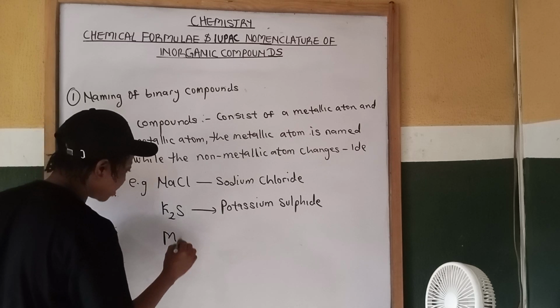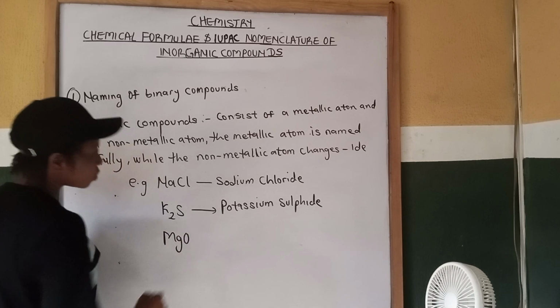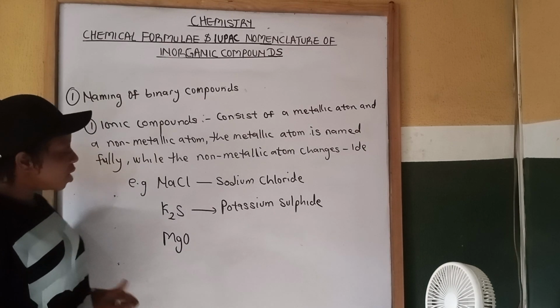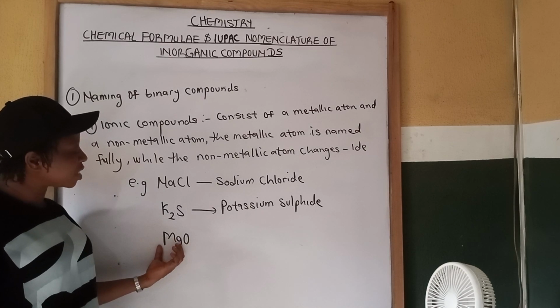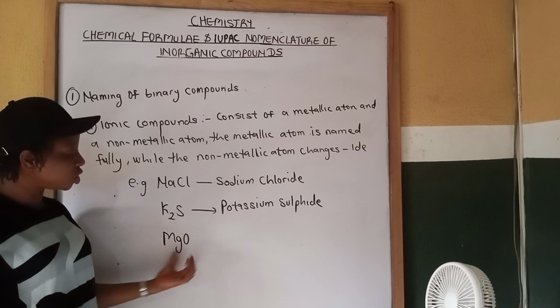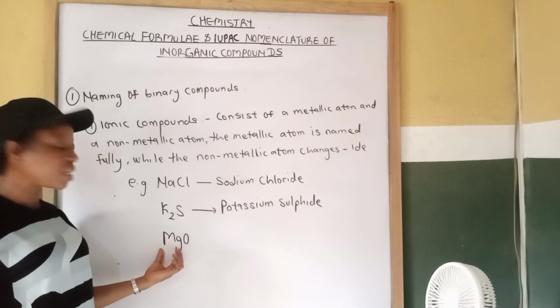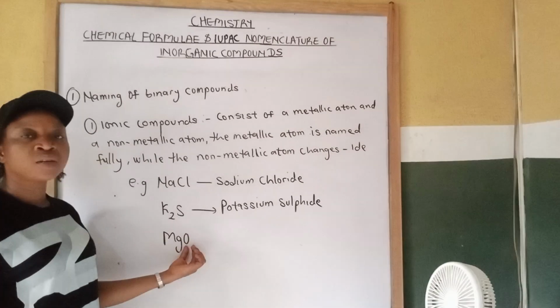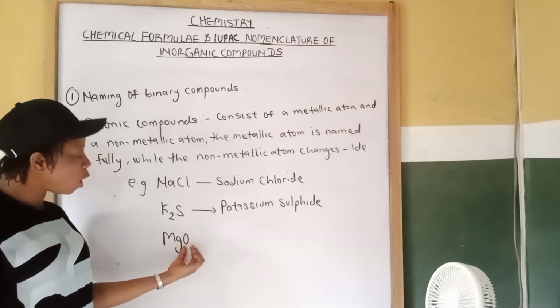Let's take another example. MgO is the combination of magnesium and oxygen. Mg is the symbol for magnesium, while O is the symbol for oxygen.